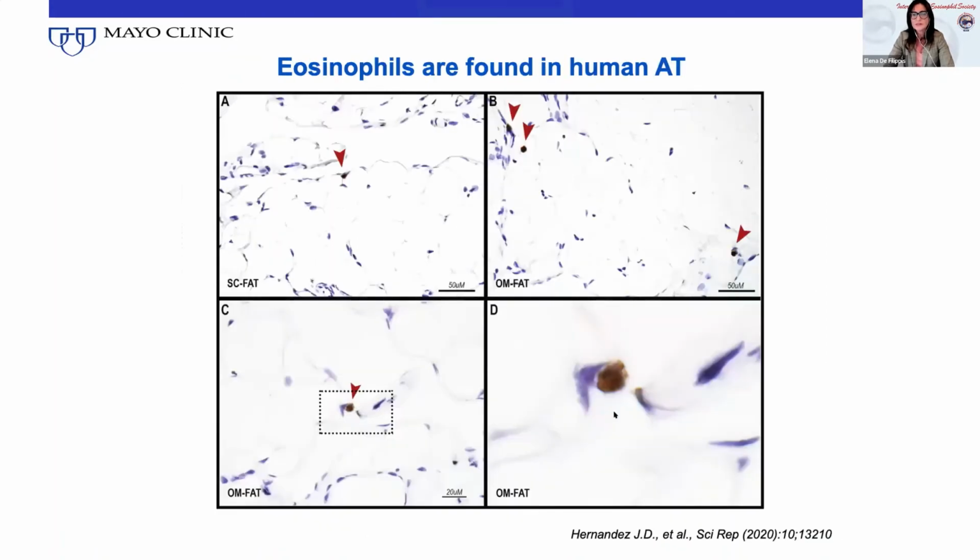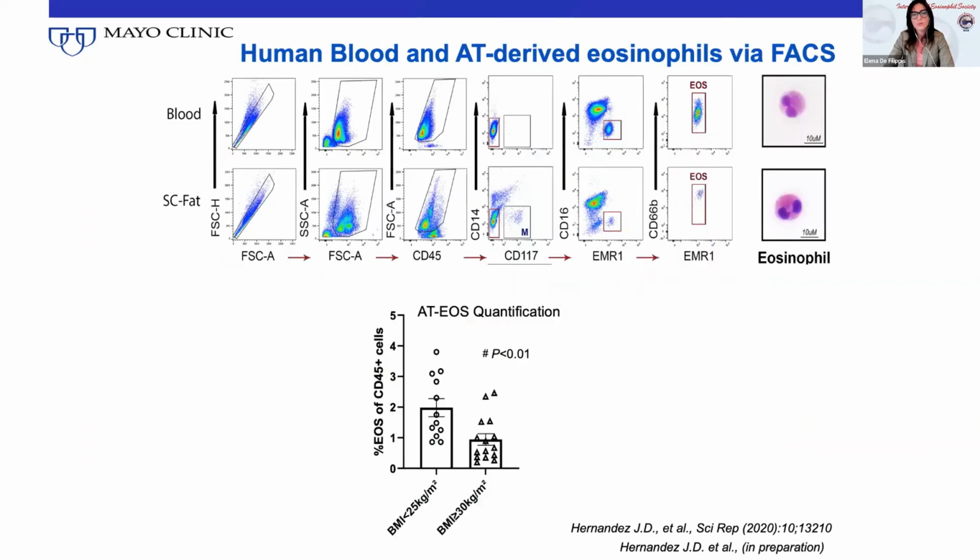Now, as others have shown before me, if you take a section of adipose tissue, you can definitely identify eosinophils. This is through staining for eosinophil peroxidase, with an antibody that was kindly gifted to us by Dr. Jacobson, our longtime collaborator. It's hard, though, to quantify eosinophils in this situation. So we took it upon ourselves to set up a FACS-based protocol that was until then not available in the literature.